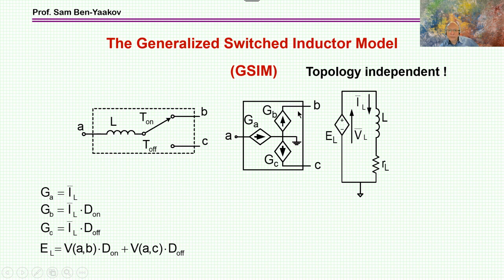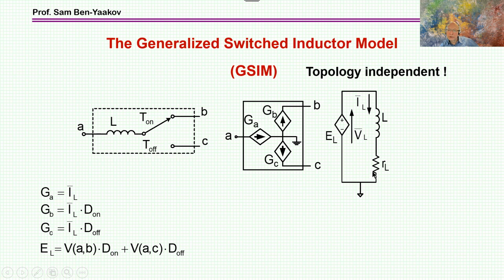GD is D on times the inductor current, and this is D off, and this is actually the inductor current. GA is the current here, okay? Going this way. And then we need to generate the average inductor current by imposing on the inductor the average voltage. Okay, so this is the very basic.